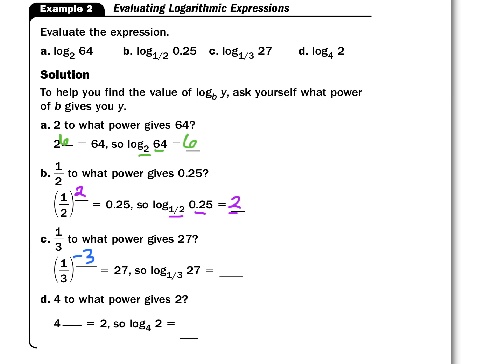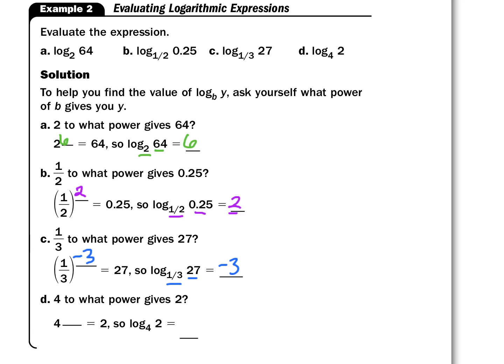So 1/3 to the -3rd power is the same as 3 to the 3rd power. So if 1/3 to the -3 power is equal to 27, that means that log base 1/3 of 27 is equal to -3.